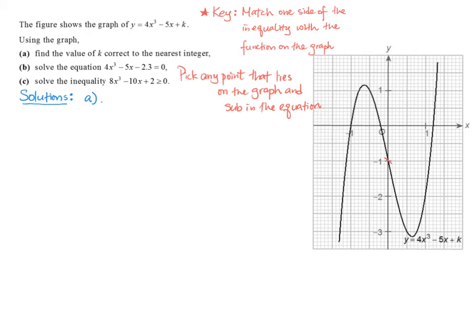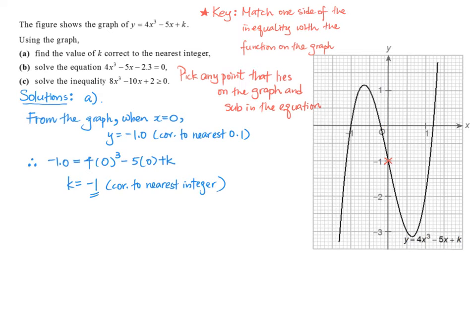I will pick this point, because the calculation will be the simplest when x equals 0. So from the graph, when x equals 0, y equals negative 1.0, correct to the nearest 0.1. Why 0.1? Because each unit here is 0.1. And so we put 0 into x and negative 1.0 into y, and then we solve for k.